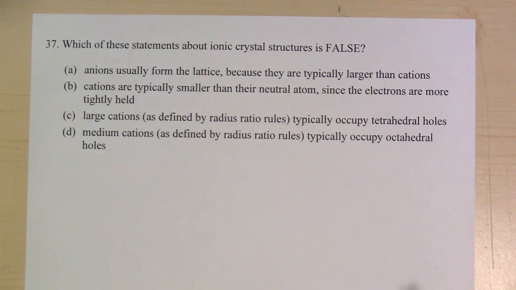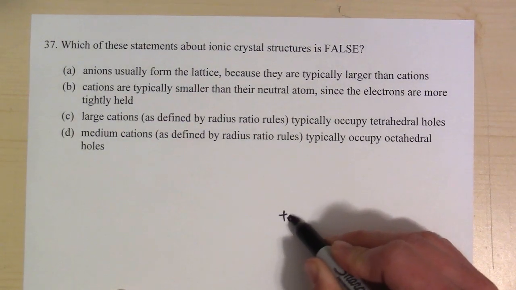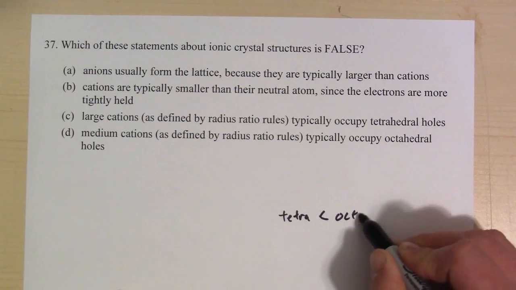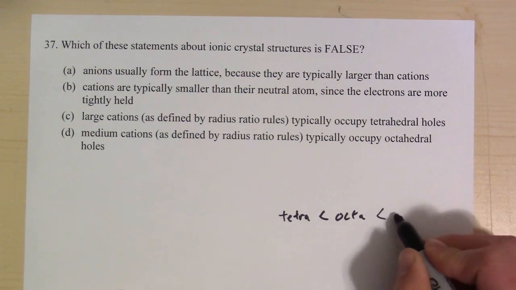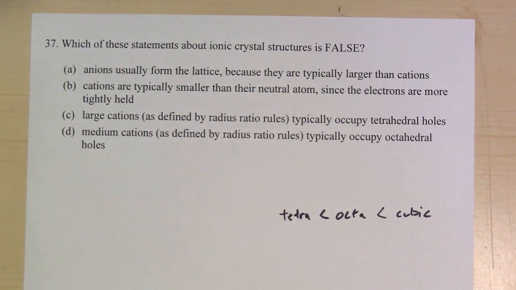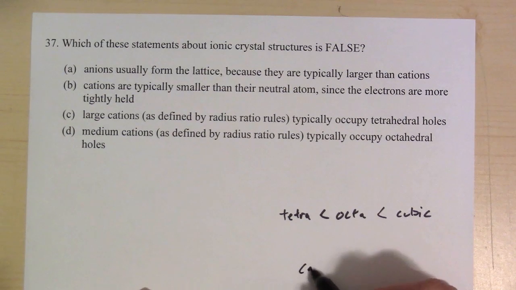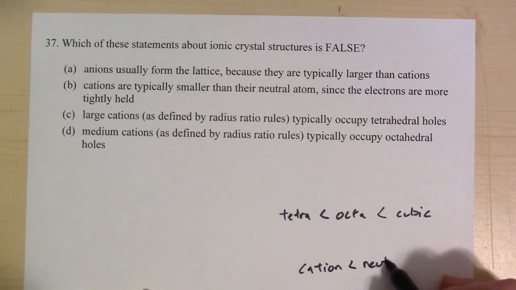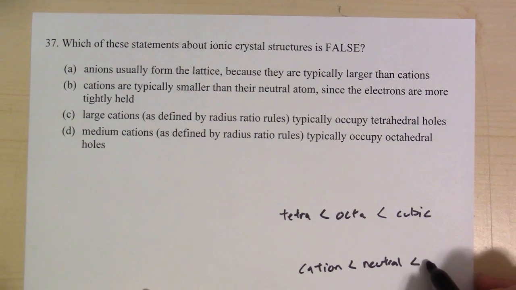So as we talked about hole size earlier, we said that tetrahedral is going to be smaller than octahedral, which is smaller than cubic. And also, in reference to the ions, a cation is going to be smaller than a neutral atom, which will be smaller than an anion.